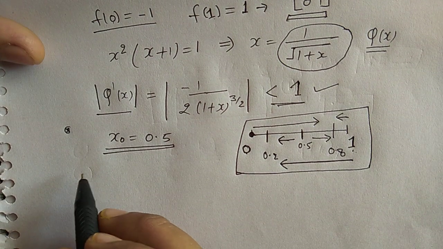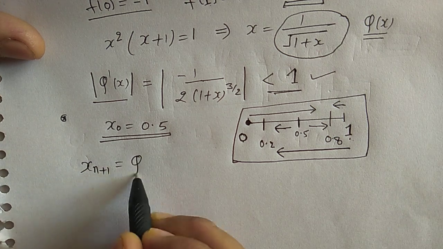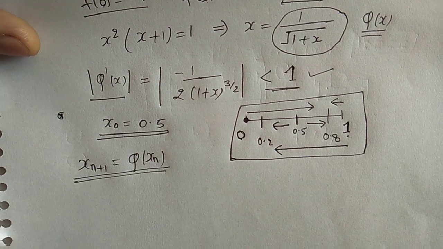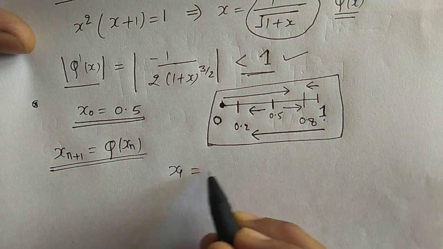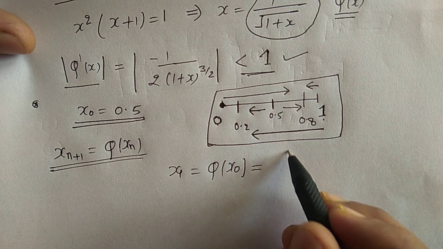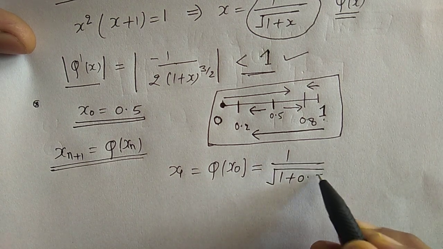We know the fixed point formula, x(n plus 1) equal to phi of xn. So x1 equal to phi of x0, which is 1 upon under root 1 plus 0.5.